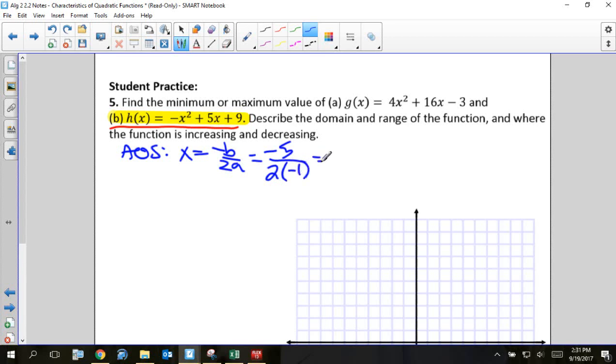Negative 1. So we get negative 5 over negative 2. The negatives cancel out, they reduce, and we get 5 halves, or 2.5. So x equals 2.5.